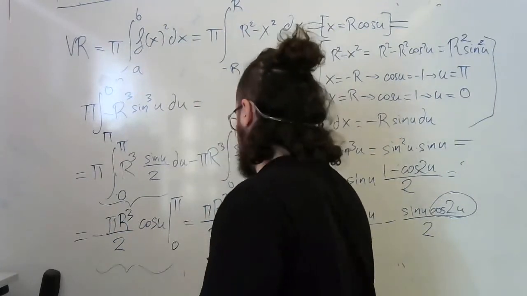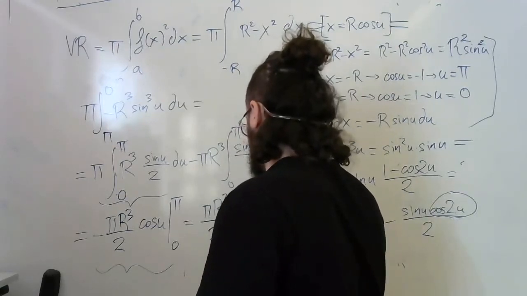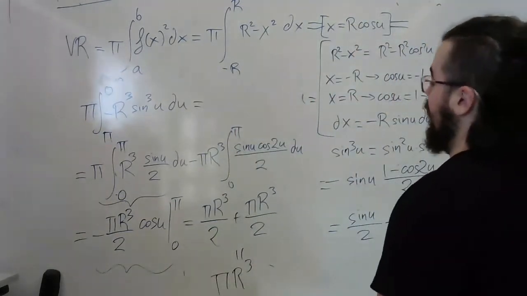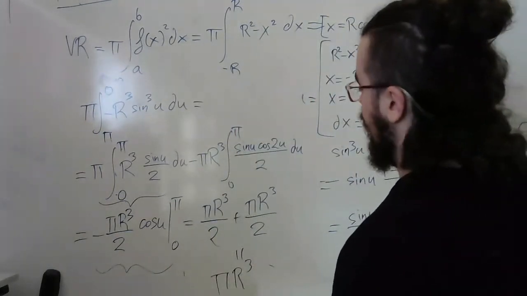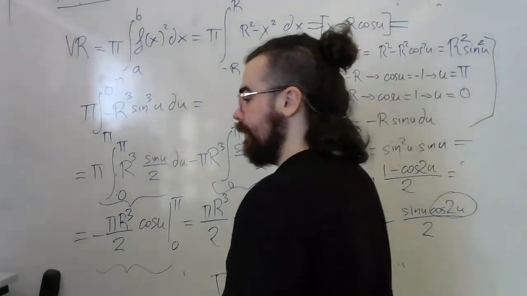So this equation here is pi r cube. So I'm going to delete everything until here, and we'll go on.